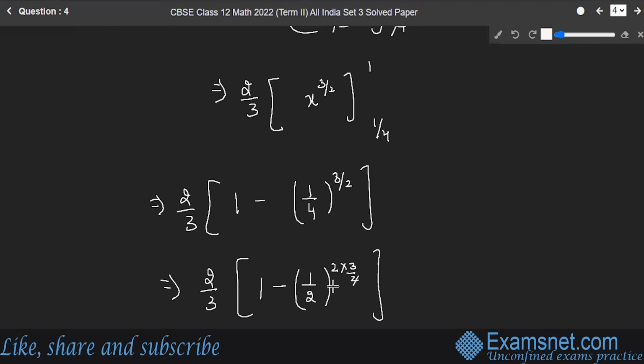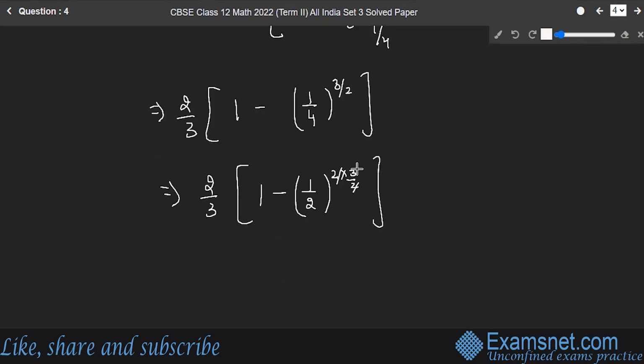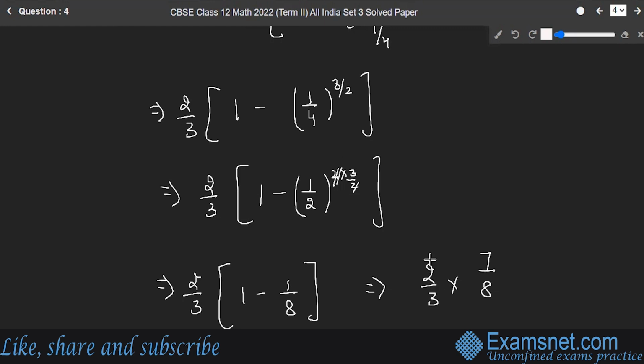I can write like this. 2 and 2 will cancel now. 2 by 3, 1 minus 1 upon 2 raised to power 3, that is 1 minus 1 by 8. 2 by 3 multiply 7 by 8. This is 7 by 12 square units.